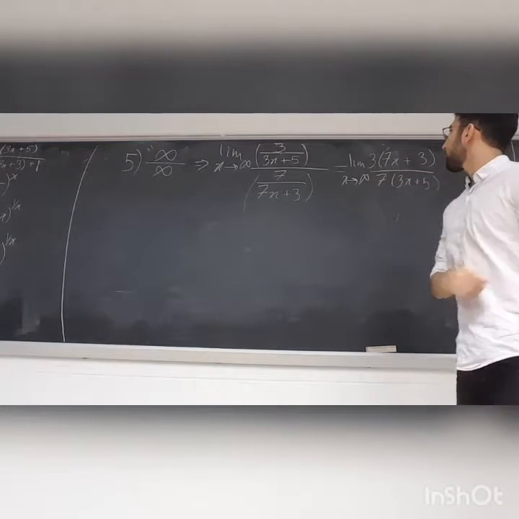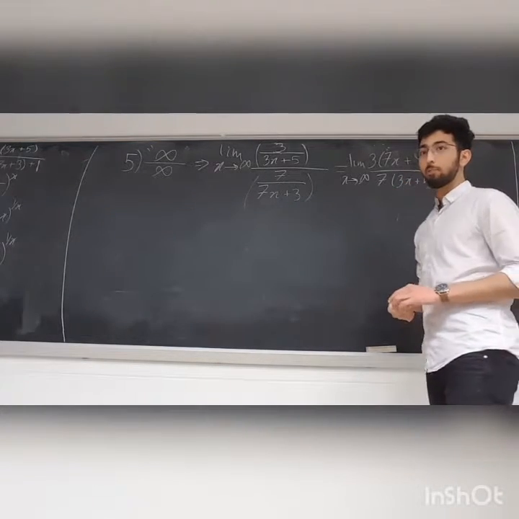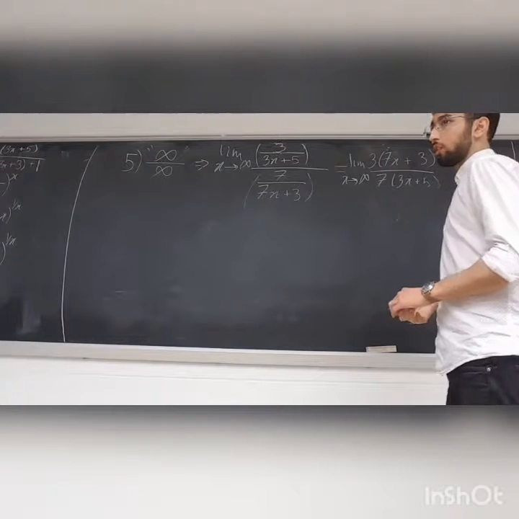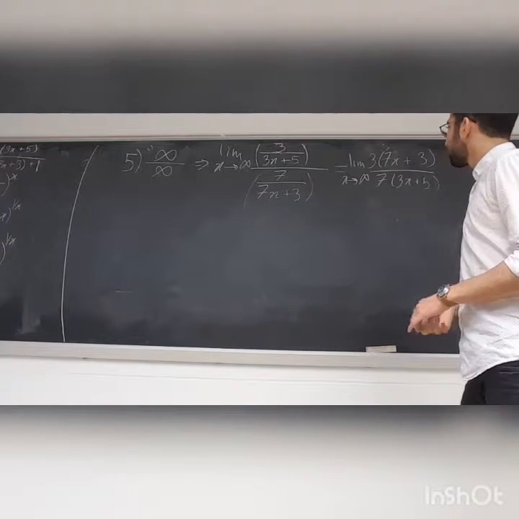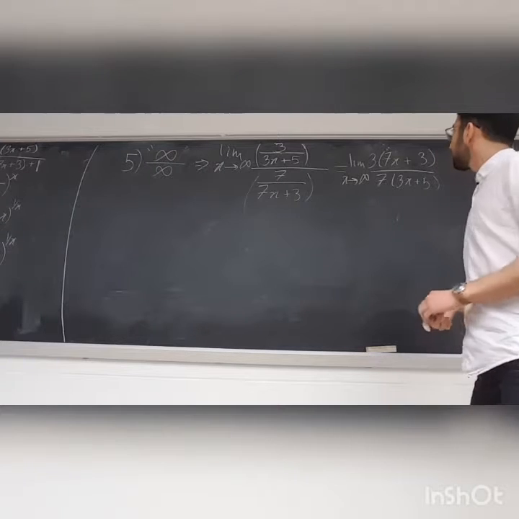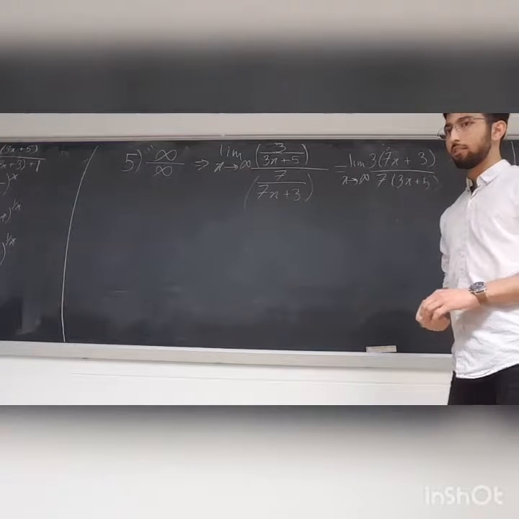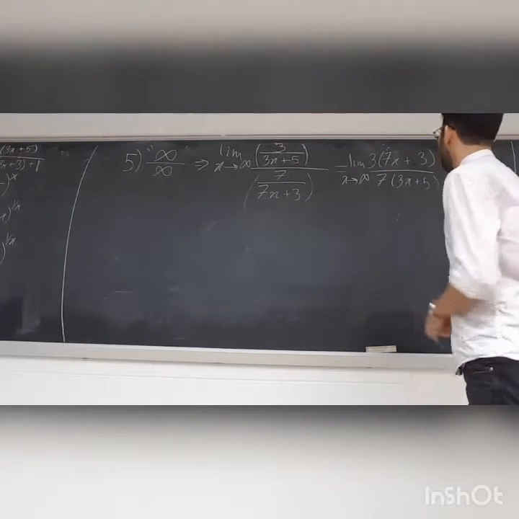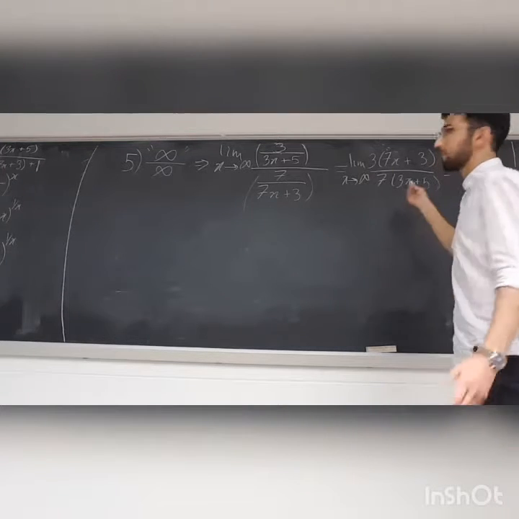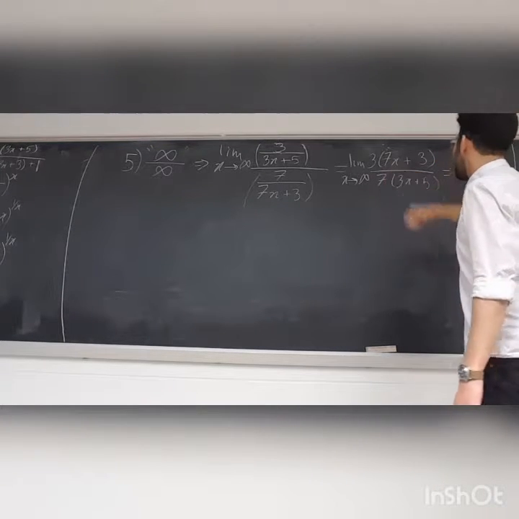So what can you do here? Does this look like a more familiar problem in which you can find a simple answer? So you've got an infinity. What can you do here? Factor out the largest factor. Yeah, so that would be x.